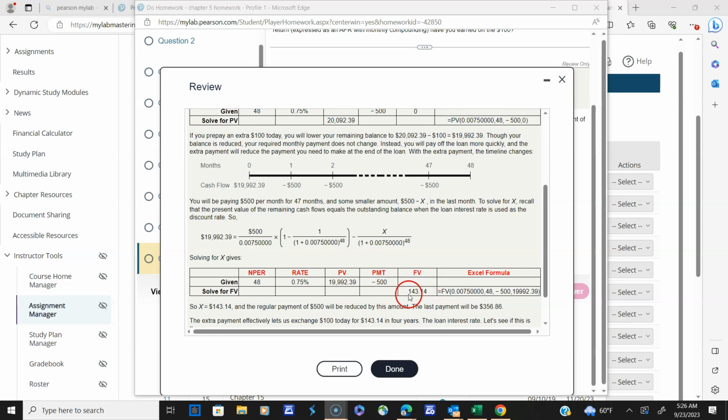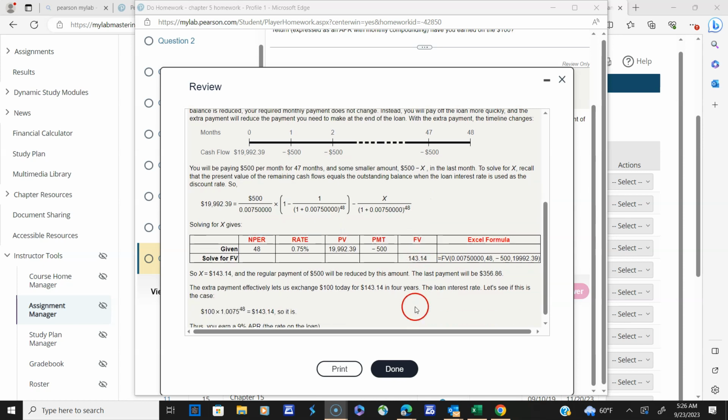So X is what we just solved right here. So what you have to now know is X is $143.14. So if I make a $500 payment, I'm going to subtract that off of the 500. All right, right there. I subtract that off of the 500. And the last payment will be $356.86.